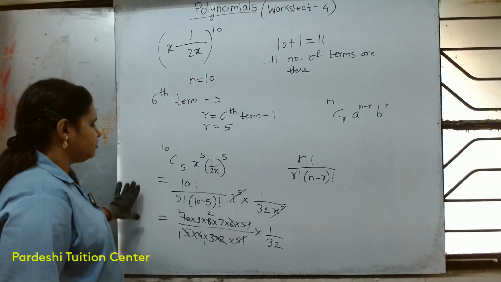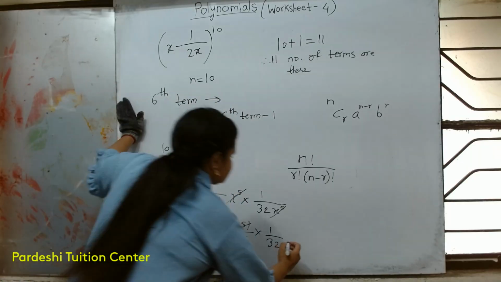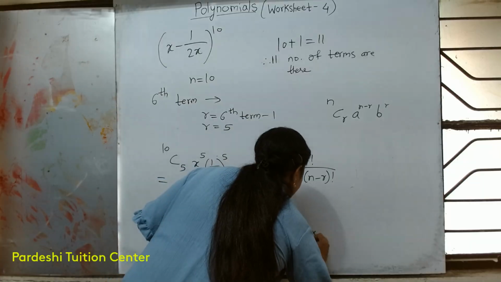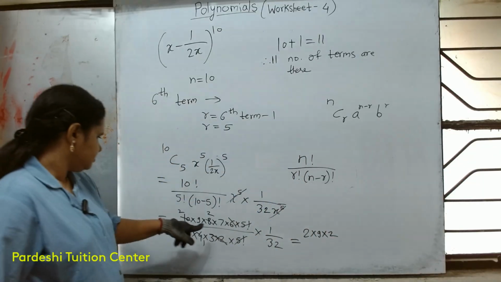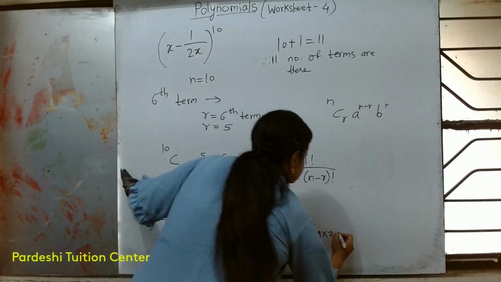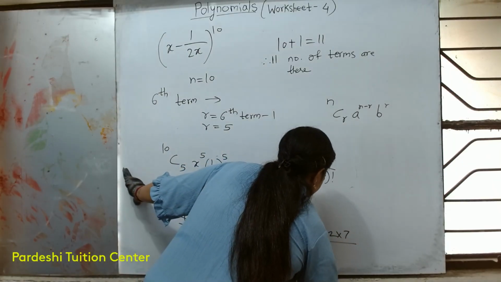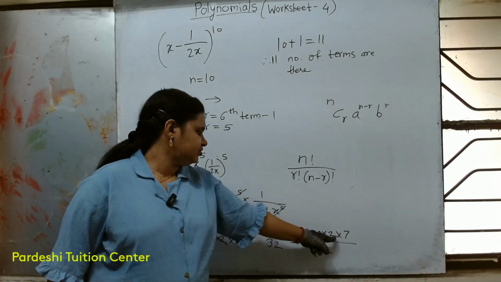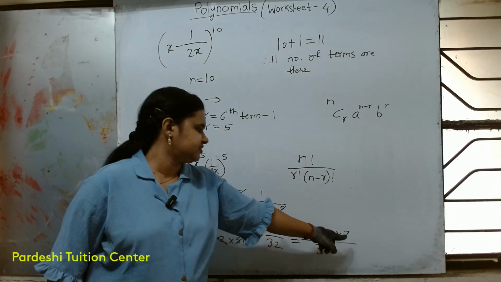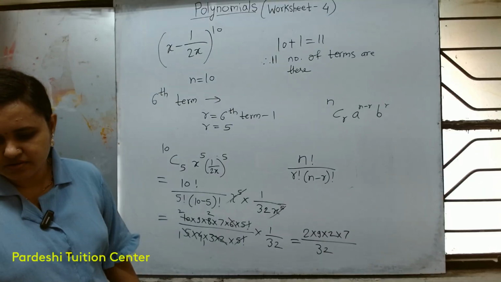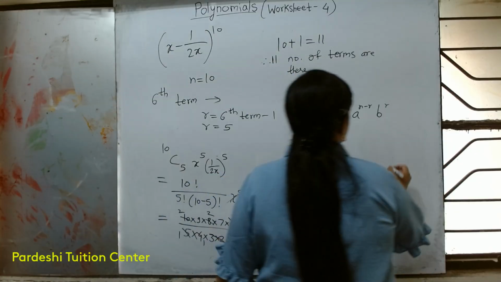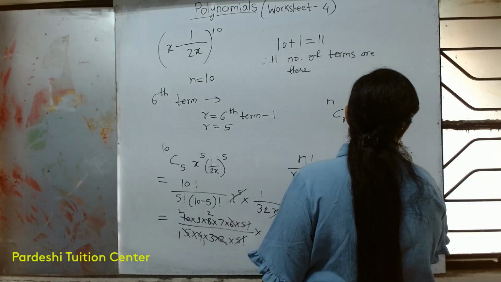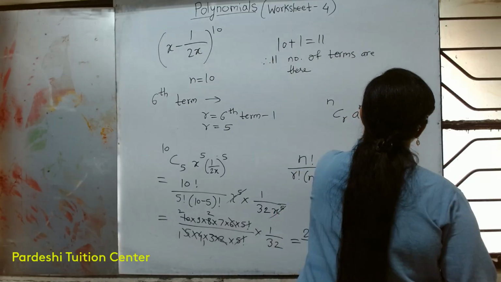Okay. Now what is remaining? It is 2. I can write it here. 2 into 9 into 2 into 7 upon 32. Okay. Now calculate: 9 2s are 18, 9 4s are 36, 36 into 7, what is 36 into 7? It is 252.